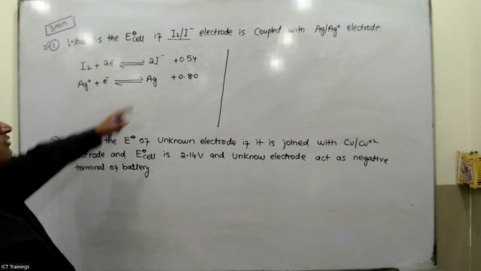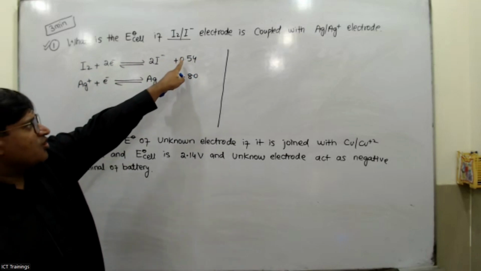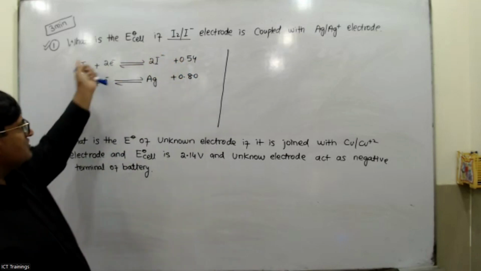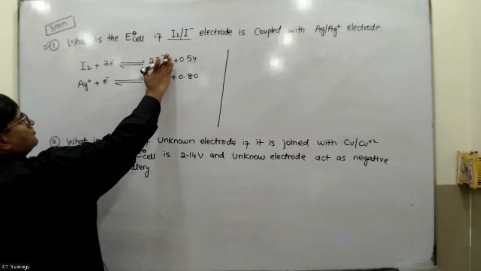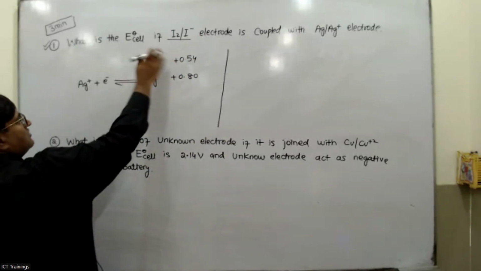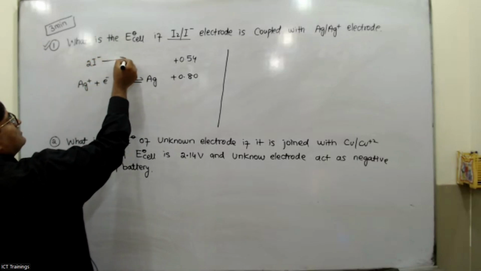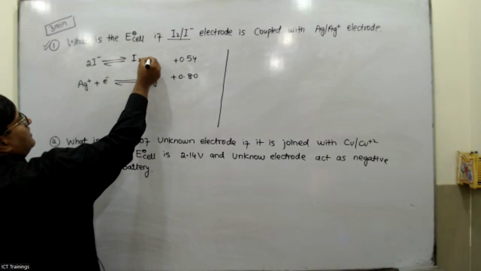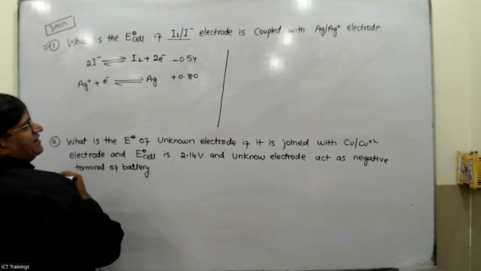Now out of these two equations, this is the smallest value. So the smallest value should be reversed. So I'm going to reverse that equation: 2I minus forms I2 plus 2 electrons, and its value would also be reversed, negative.